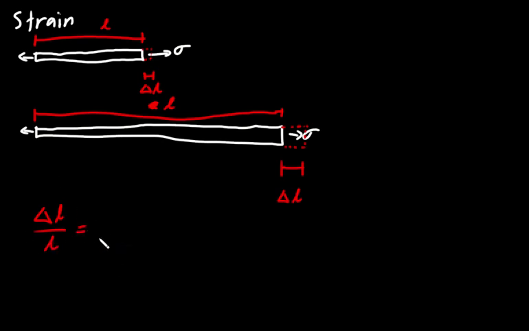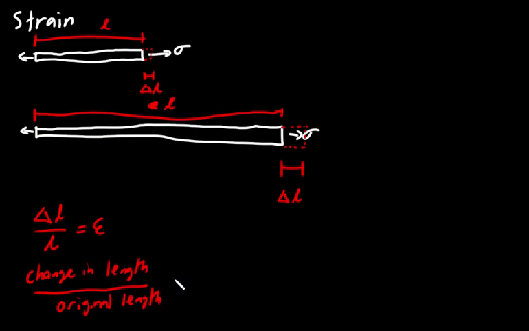And we give this the term strain. The strain is just given by the letter epsilon here. So it's as simple as that: the change in length divided by original length, that is what we define as our strain.